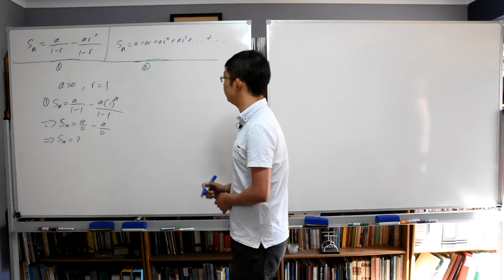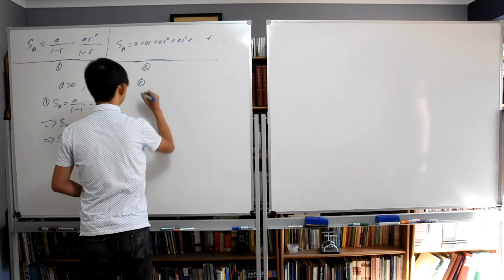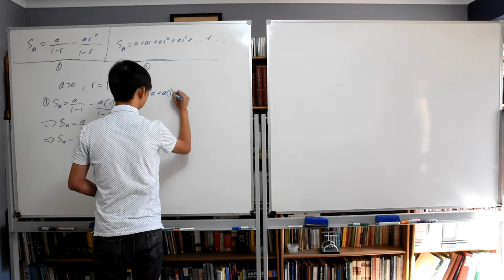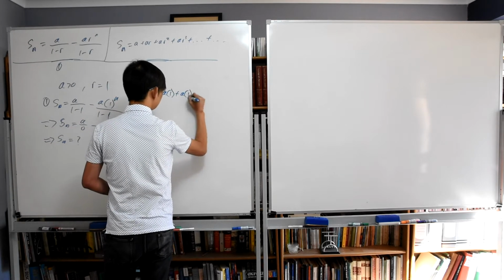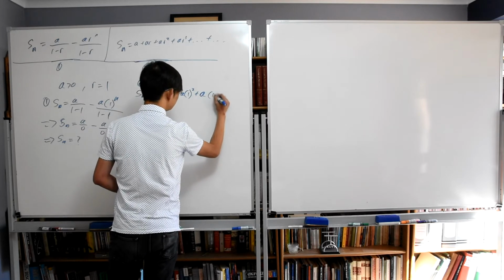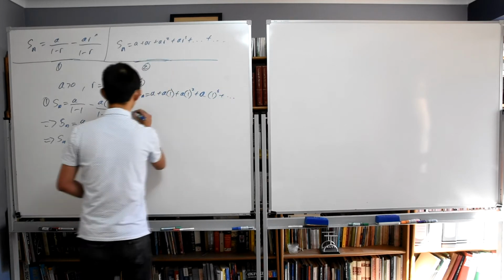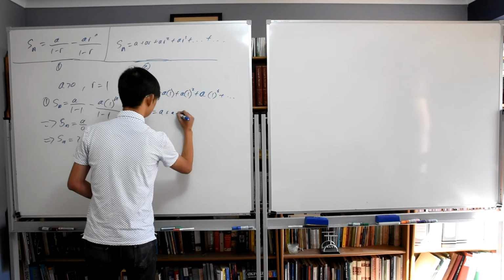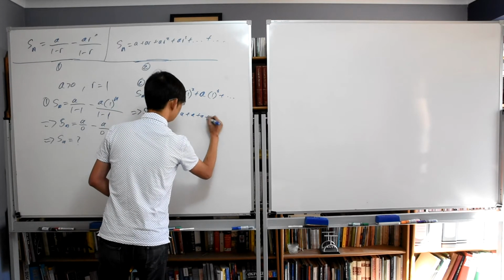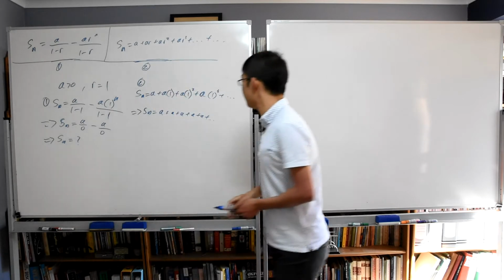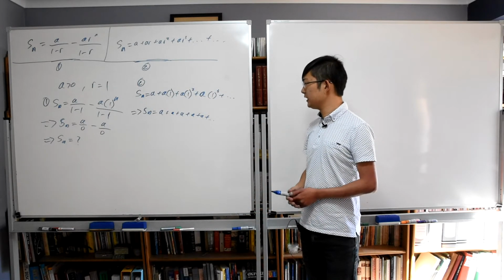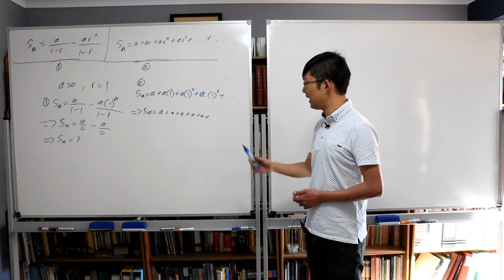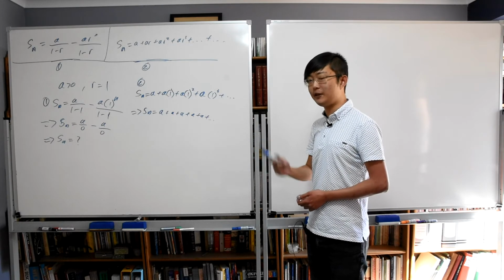For equation 2, we're going to see that our sum to infinity is going to be a plus a plus a plus a plus a plus a.